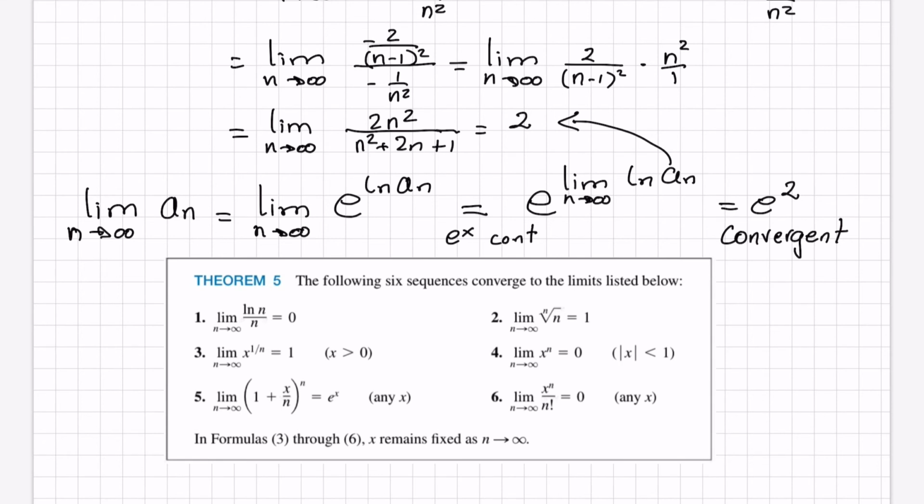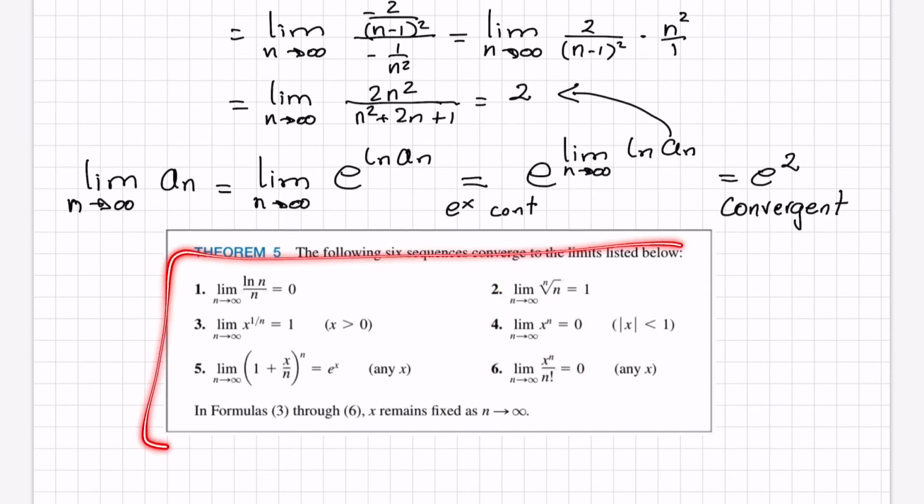It's also used a lot in business now, in finances. So we have all these limits. What we're going to do is use these limits for particular x's, okay, to find the limits of the examples we might want to find, okay?